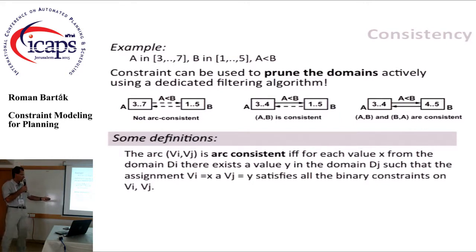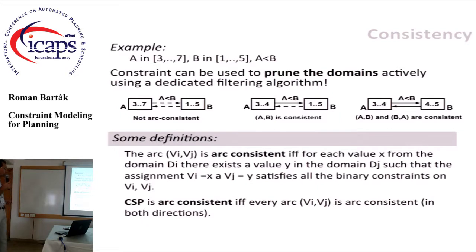So if I have a constraint between variables vi and vj, then I say that this constraint is arc consistent in the direction of ij if for any value of x in the domain of the first variable there exists a value in the domain of the other variable such that the pair satisfies the binary constraint between these two variables. And of course this is just one direction, so if I want to make the constraint consistent, I should make it consistent in both directions. Okay? So we say that the CSP is arc consistent if every arc is consistent.